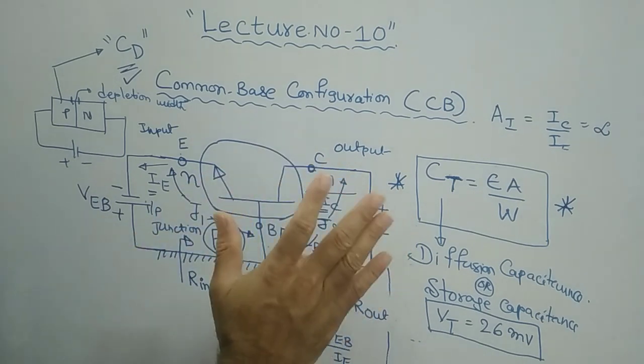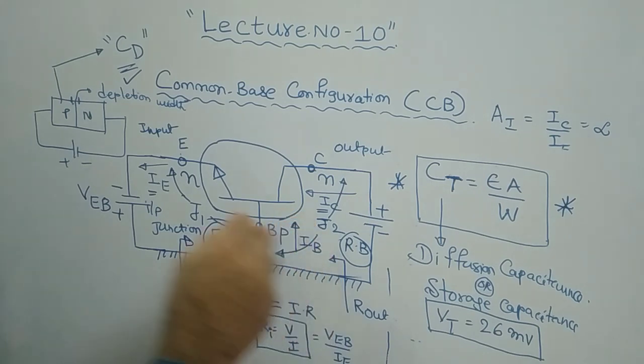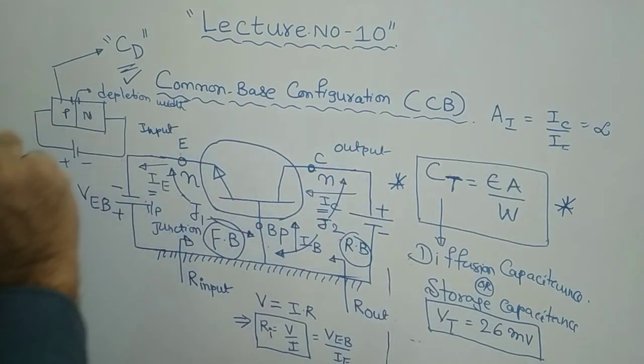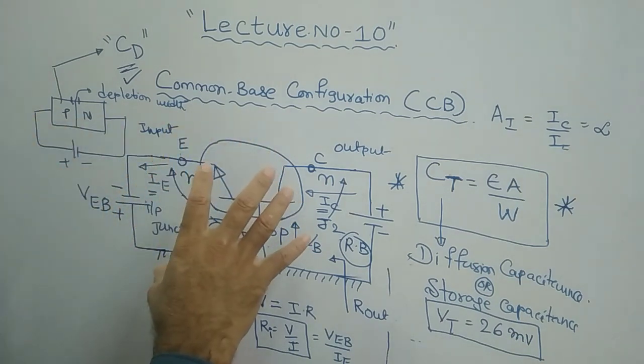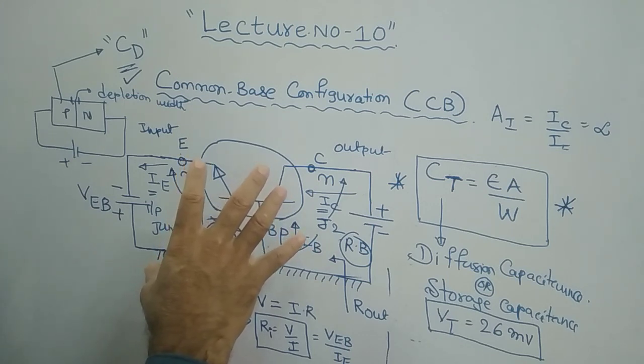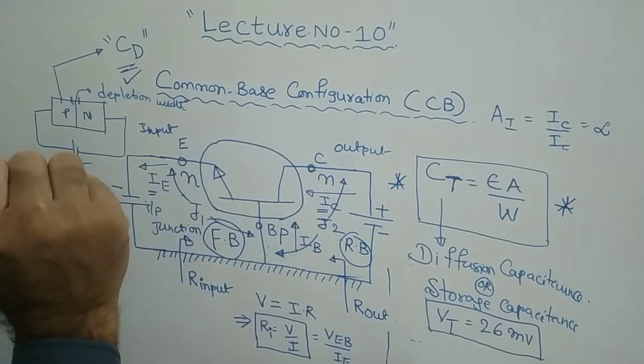Output impedance is somehow okay, and voltage gain is also somehow okay, but these two, input impedance and current gain, are very less values actually. That's why the CB configuration most of the time we will not consider, right? That is the reason we will discard this configuration actually.